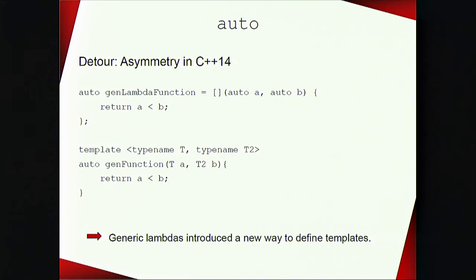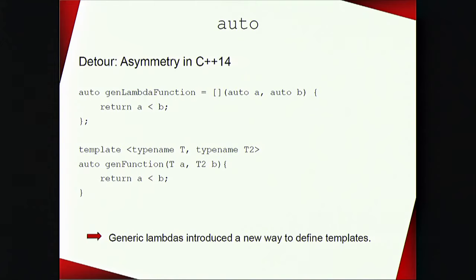You just put auto in here and you have a generic lambda. And what is a generic lambda under the hood? A function template. You know what I dislike about this syntax? We invented with C++14 a new way to define function templates. The first time I recognized it, I was really astonished. That's a new way to define function templates without sharp brackets.